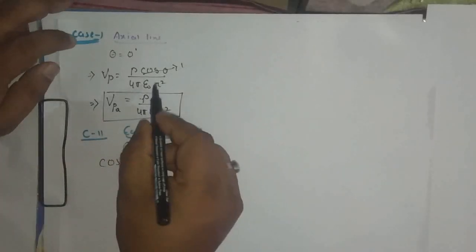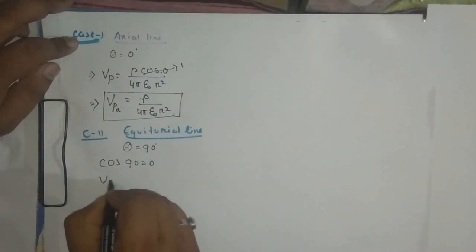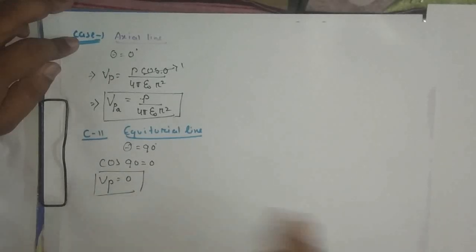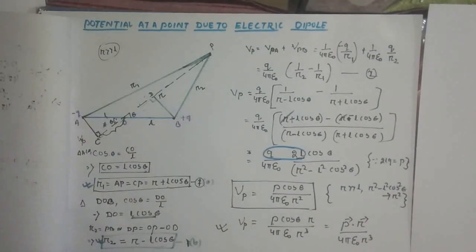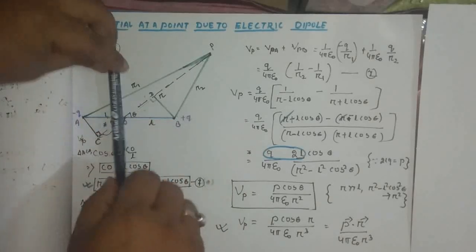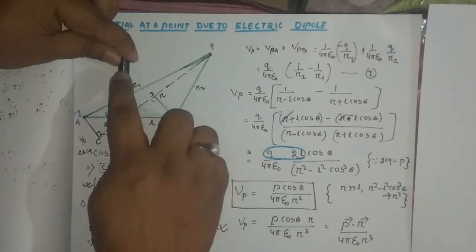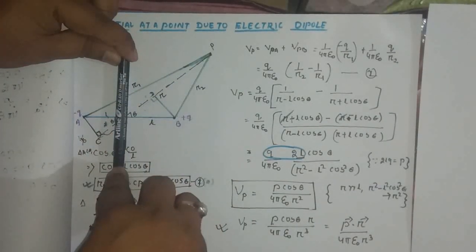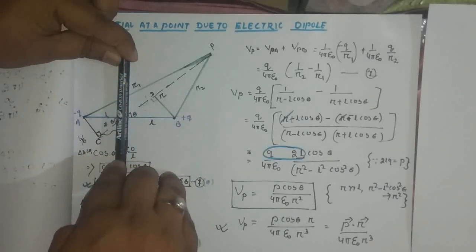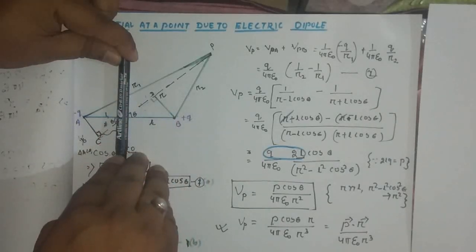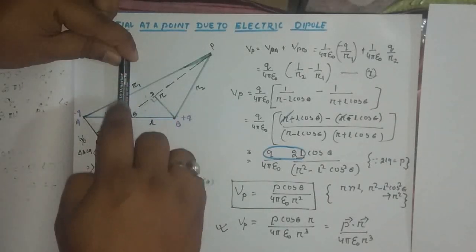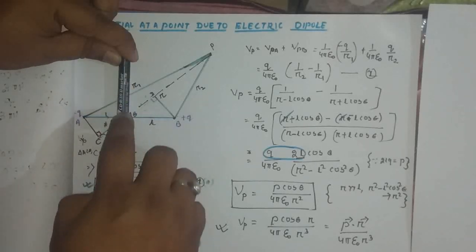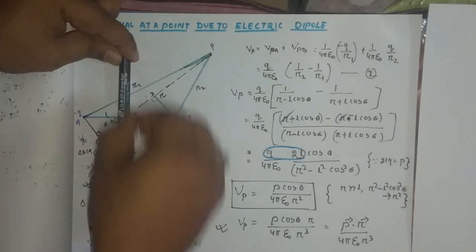So if I put that formula here, potential will be 0. That means at any point, suppose this is my equatorial line, at any point on that equatorial line, potential is 0. And if potential difference between any point is 0 means that is equipotential. So this line is equipotential line.